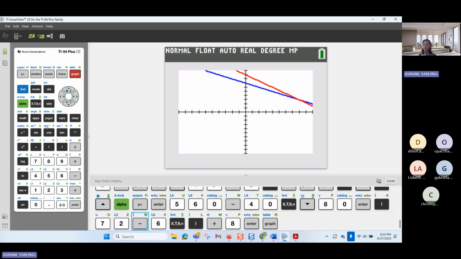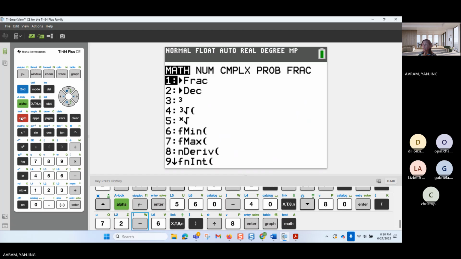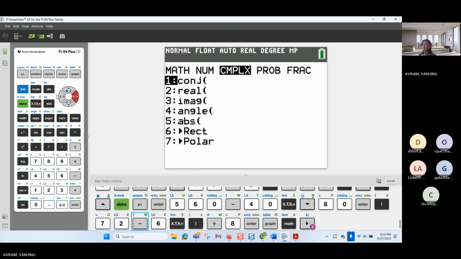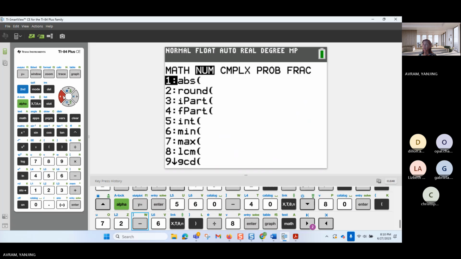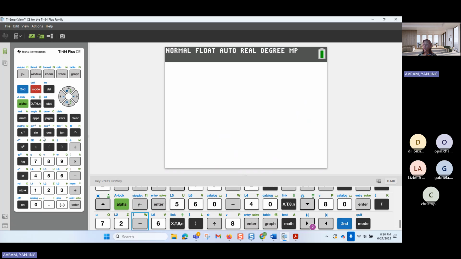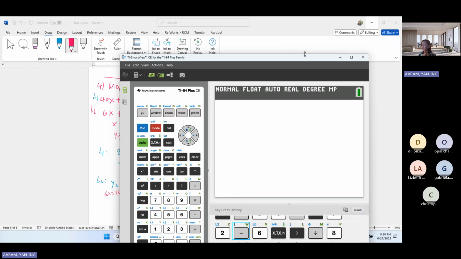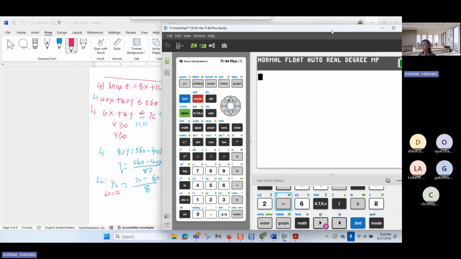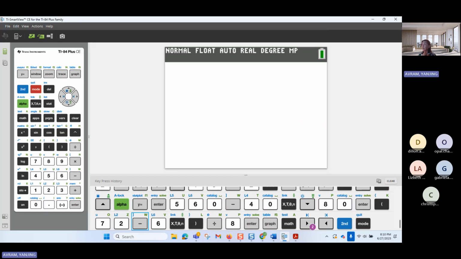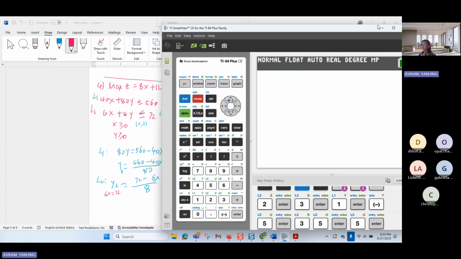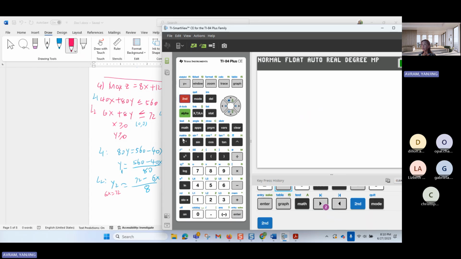Let me go to math. I can use a matrix because sometimes the problem with using the intersection function is that when it's not a whole number, it might not give you the exact number, right? So using a matrix is always the safe way.